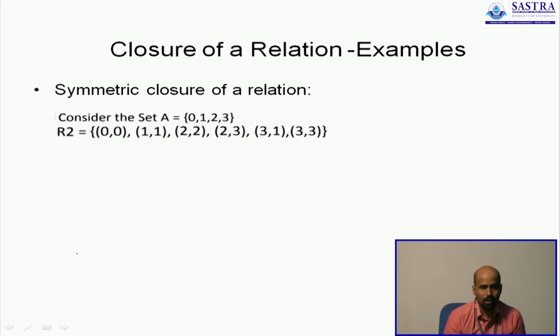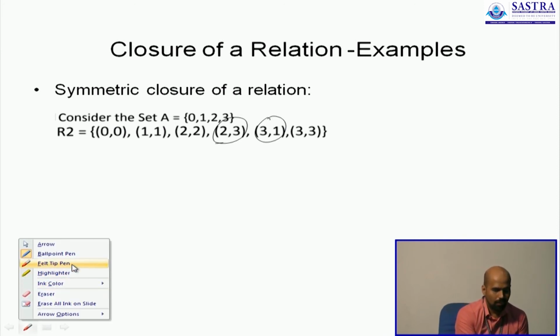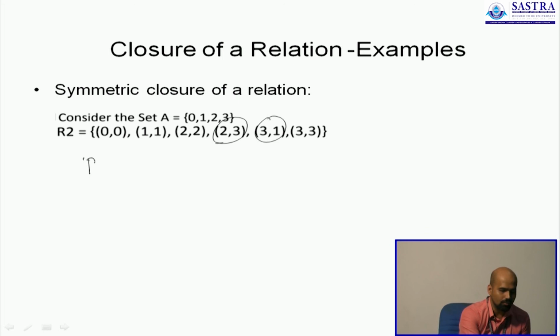Now clearly R2 is not symmetric. R2 is reflexive nonetheless, but R2 is not symmetric since the pairs 2, 3 and 3, 1 do not have their symmetric pairs included. Therefore, the symmetric closure of R2, namely R2 double dash, can be R2 which also includes whatever pair is missing, 3, 2 and 1, 3.